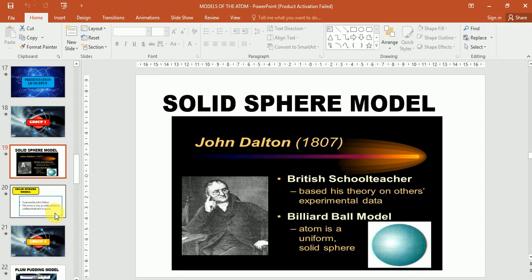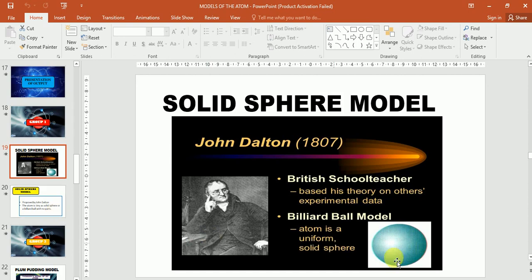It was proposed by John Dalton, a British school teacher, and he based his theory on others' experimental data. He did not conduct any experiment, but based his model on the experimental data of others. Another term for the solid sphere model is the billiard ball model.